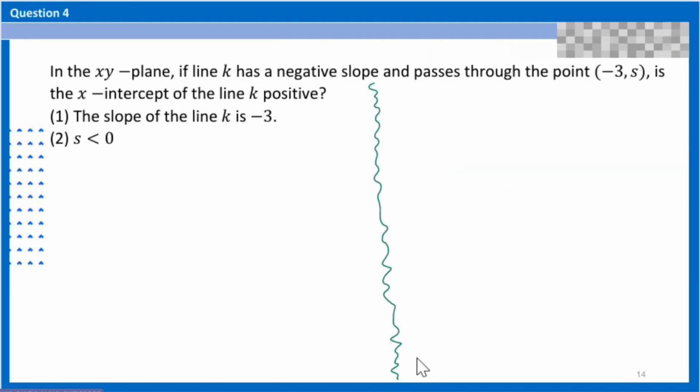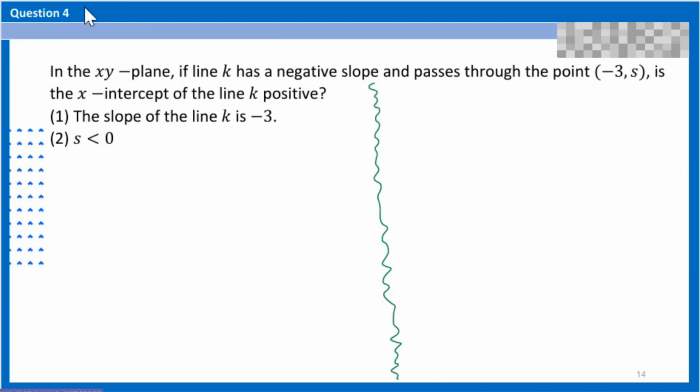Actually, two interesting approaches: one totally algebraic, without having to visualize anything, and one almost entirely geometrical, which requires visualization. So think about it. You have a line with a negative slope.